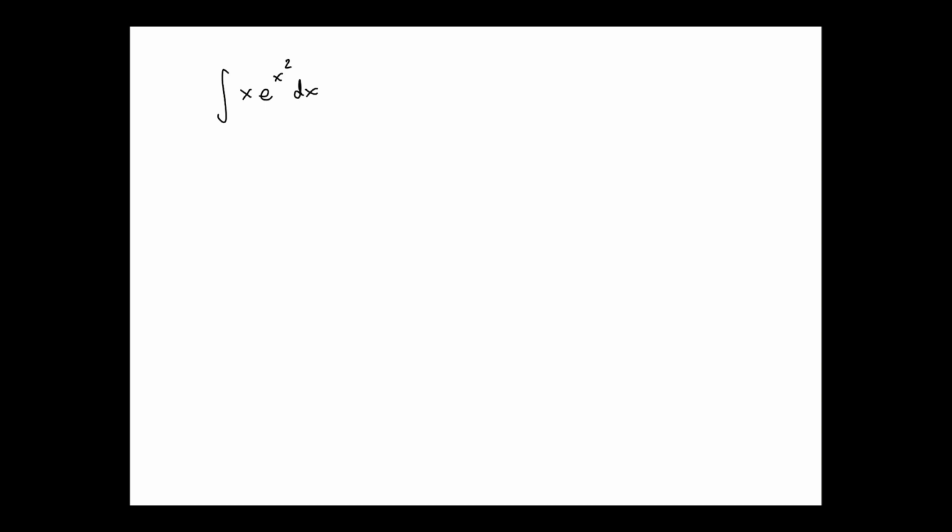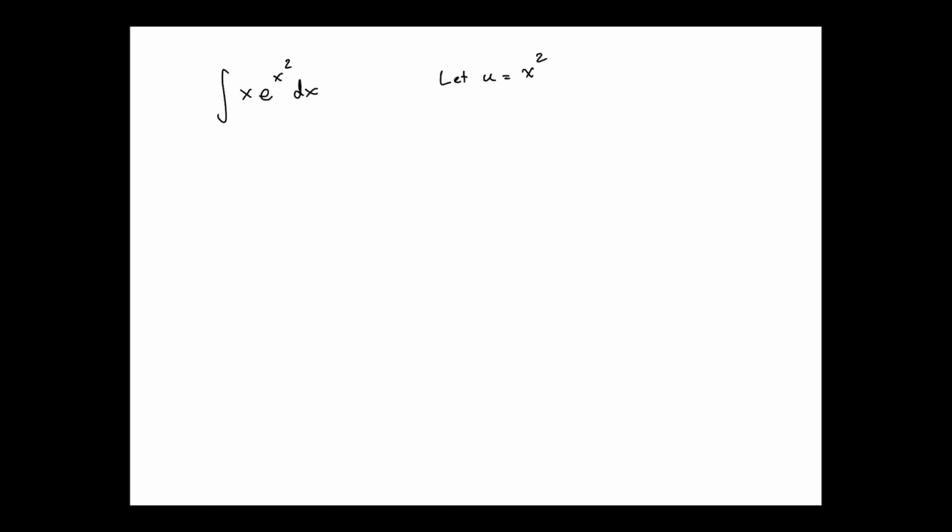All right, so the art form to picking u is you want to pick u so that the derivative of it is something else that you see in the integral. Okay, so what would probably be a good choice for u here? X squared.